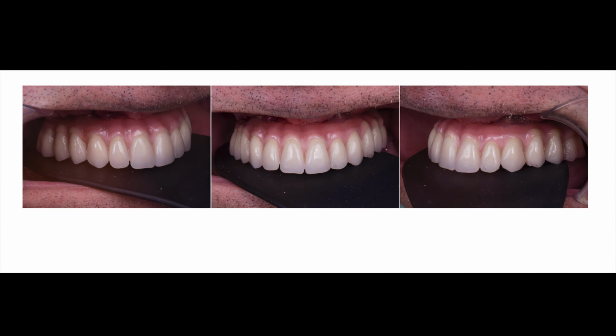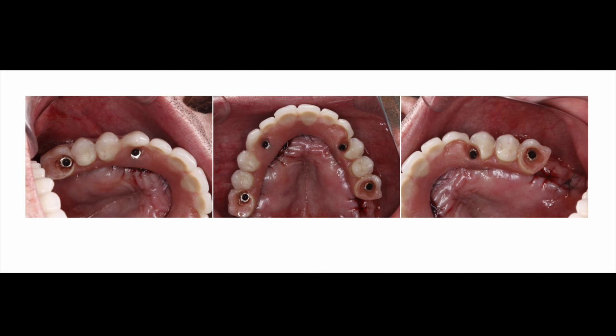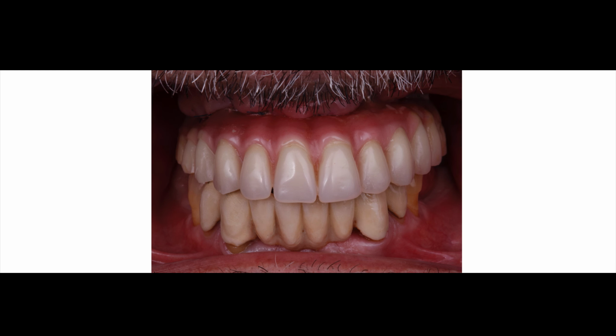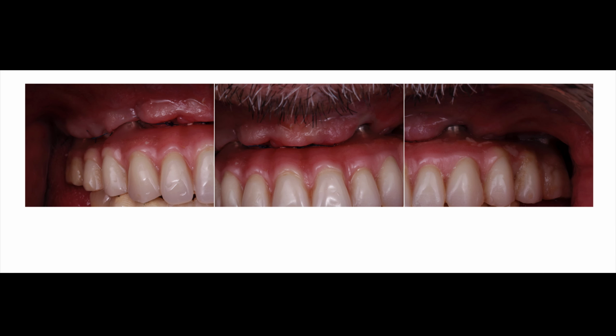Okay, more pictures. We screw it into the patient's mouth, and that's the immediate situation after the surgery. The patient went home with this, and after this we just need to heal and finish the case.